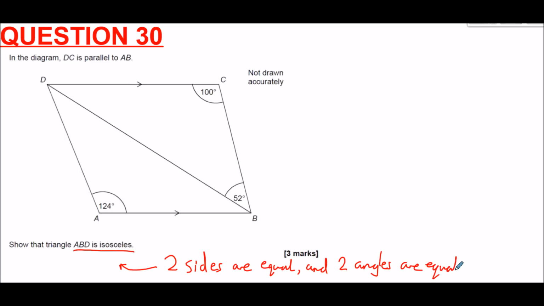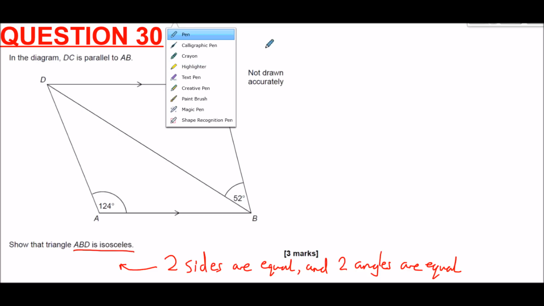So to prove that a triangle is isosceles, we can either prove or show that two sides are equal, or we can prove that two angles are equal. We can do either. If you show that two sides of a triangle are equal, or two angles, it's got to be isosceles. That's one of the defining characteristics of a triangle being isosceles.